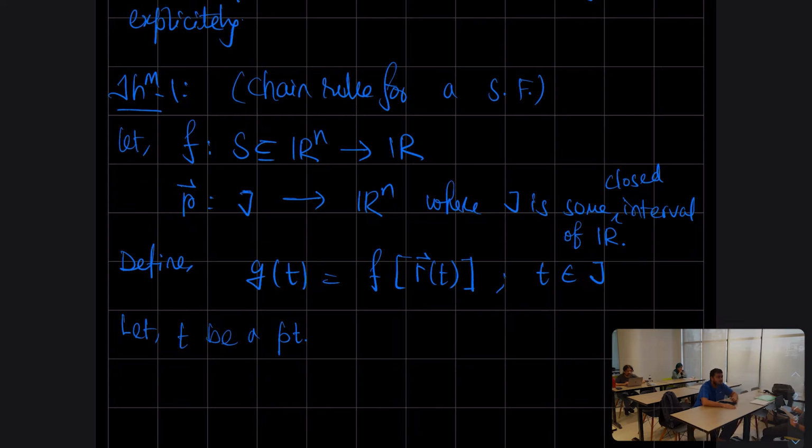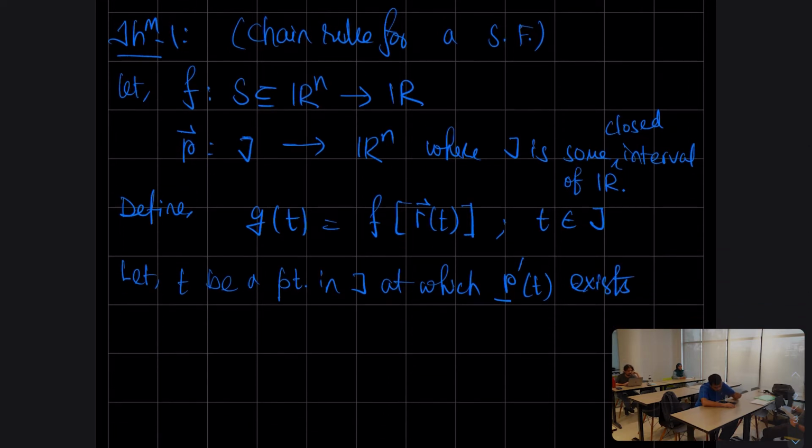To be a point in, say, the interval at which this exists. I'm going to switch my notations because there will be two arrows and a prime.